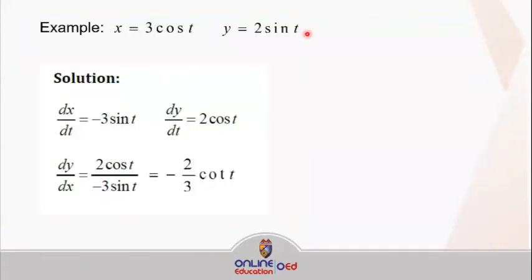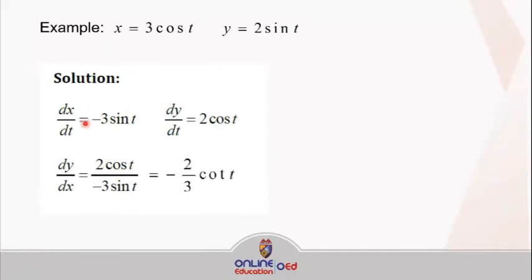And then let's say we have the example for this problem. The given example is x is equal to 3 cosine t and y is equal to 2 sine t. Yun daw yung given natin. Kukunin natin yung value for the dx over dt. So, derive lang natin based dito. So, we have the negative 3 sine t, and for the dy over dt, derivation lang niya is 2 cosine t.